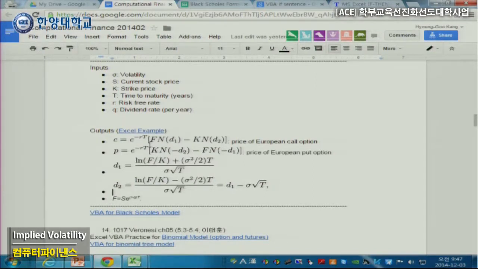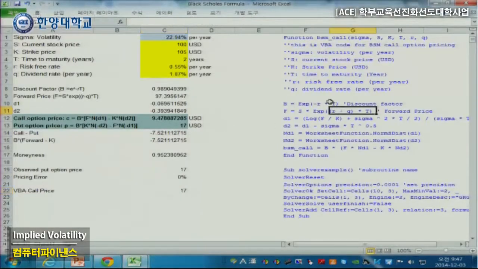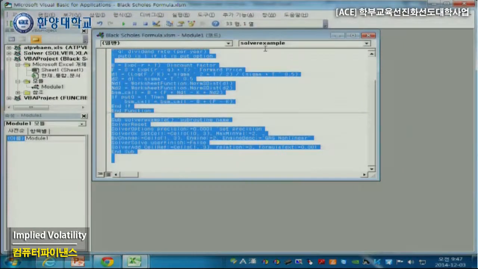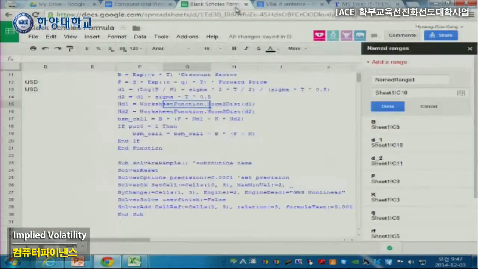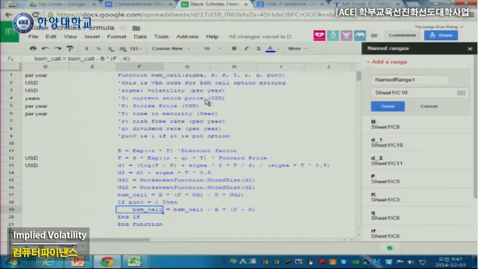So let me show you how I did it. I use put-call parity. If you go to our course web page, you can see the answer. In my case, I add the last one, which is put 0, something like that.